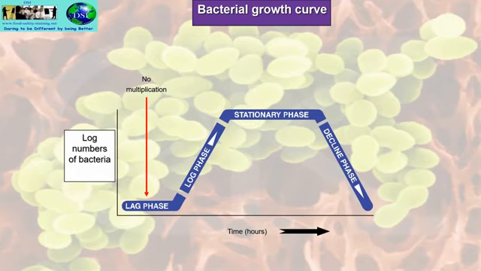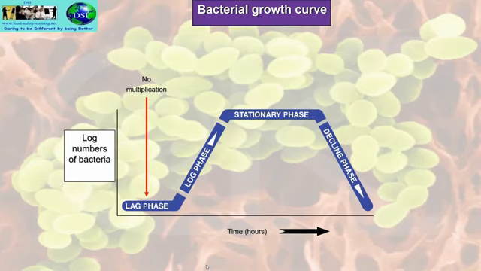So let's have a look at the bacterial growth curve. We've got several phases: lag phase, log phase, stationary phase, and a decline phase. In the lag phase, really, there's no multiplication.